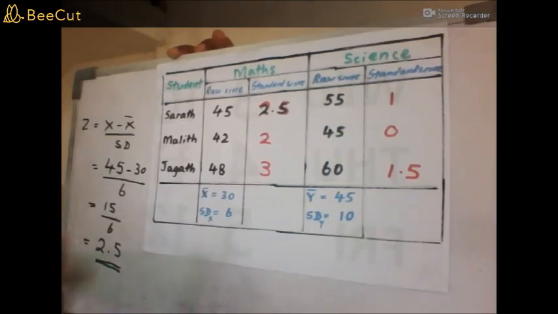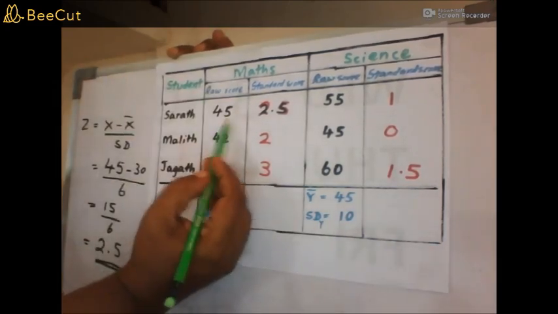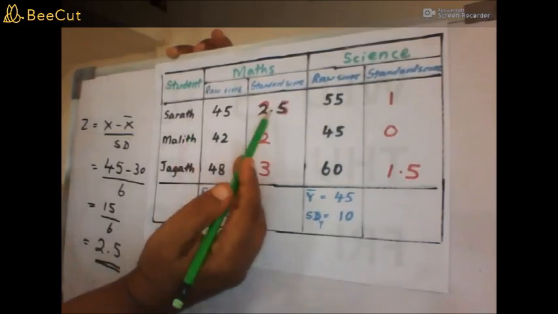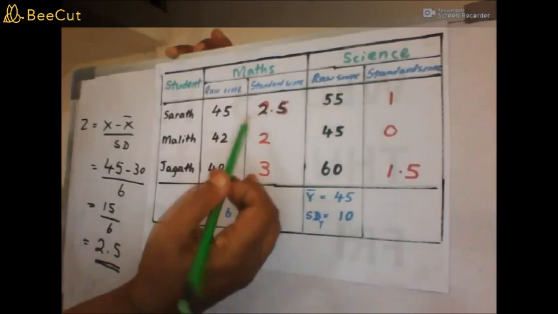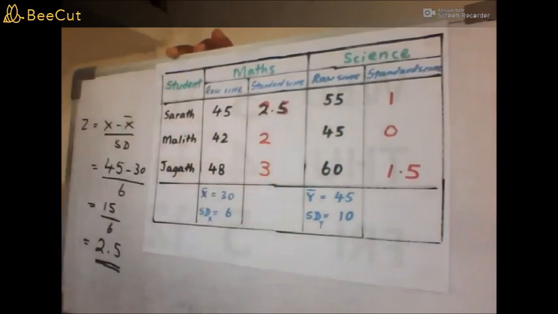The idea is that when we compare the raw marks of two subjects a student has scored with the standard scores of the relevant subjects, the interpretations may differ.